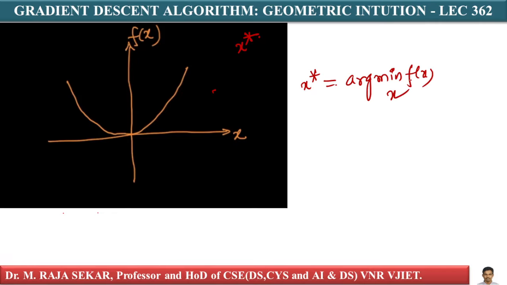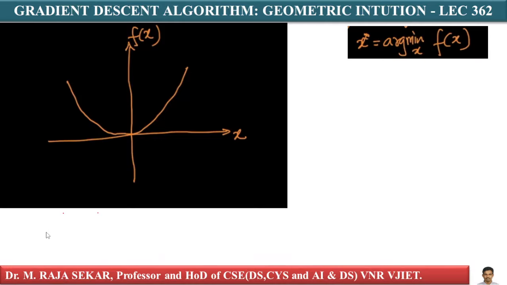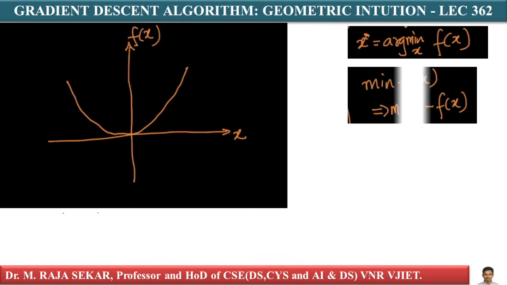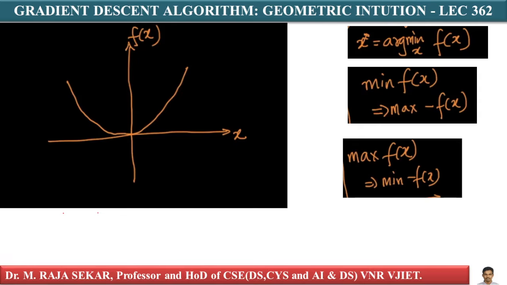Always remember, if you want to minimize a function, the minimum of f of x is equivalent to the maximum of minus f of x, and the maximization of f of x is equal to the minimum of minus f of x.